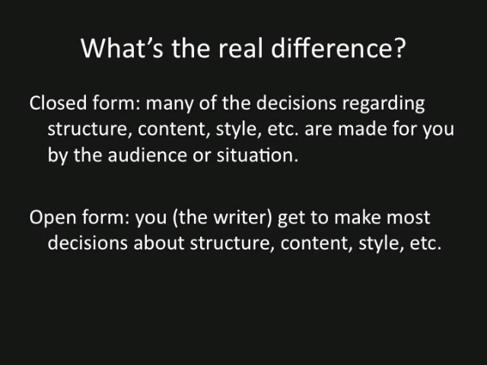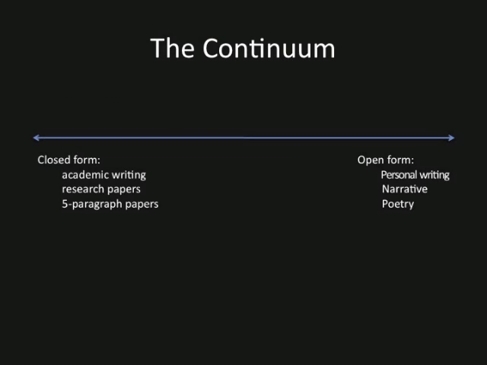Now, that's not to say that narrative or poetry or even a journal is absolutely open form prose. In fact, an important point in this concept is the idea that all writing exists somewhere on the continuum between open form and closed form. There's no such thing as absolutely closed form writing.